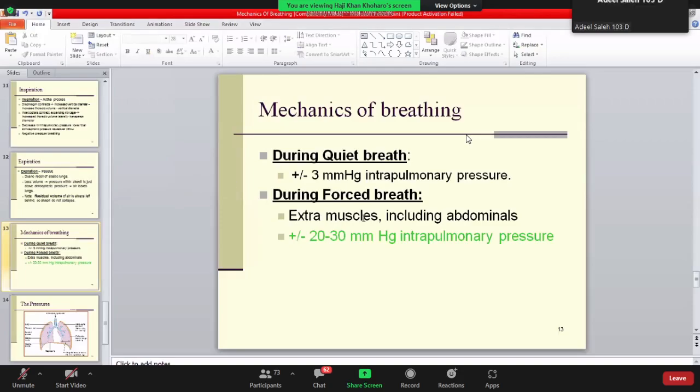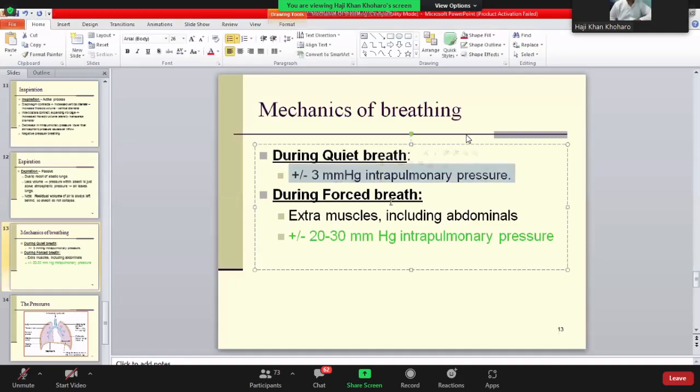Sir, during quiet breathing, intrapulmonary pressure is -3, and during forced breathing, intrapulmonary pressure is 20 to 30 millimeter of mercury due to extra muscle contraction, including abdominal muscles. Shabash. So this negative or positive intrapulmonary pressure is because of intrapleural pressure.